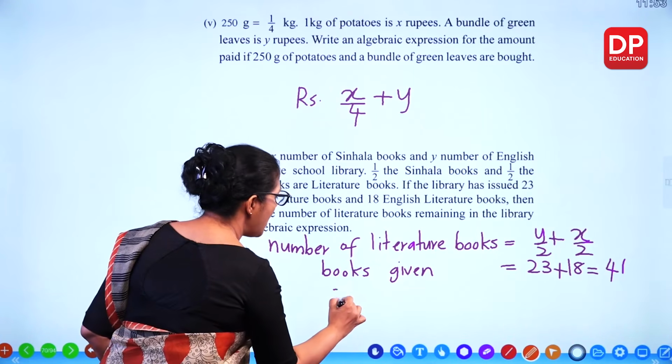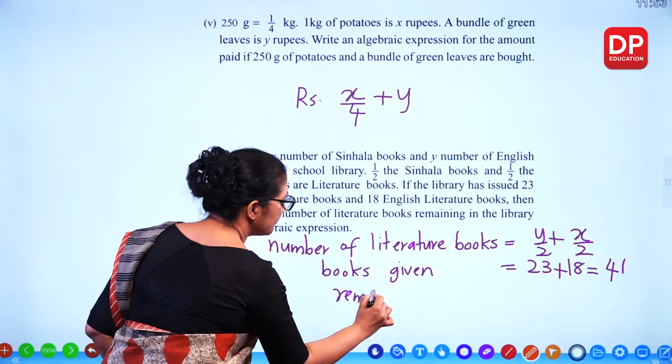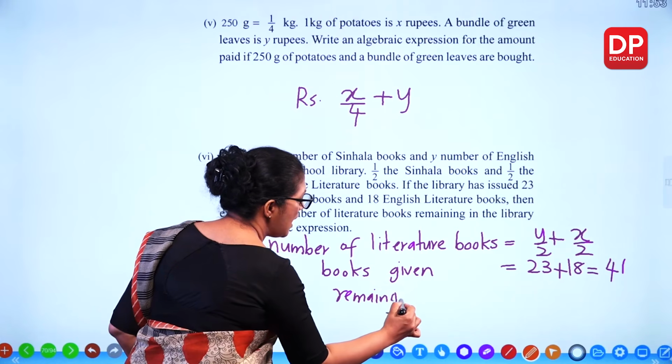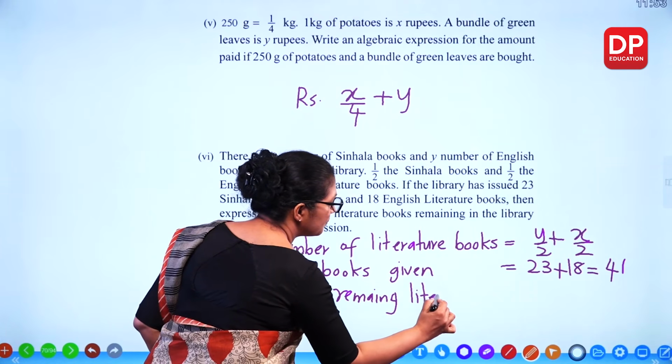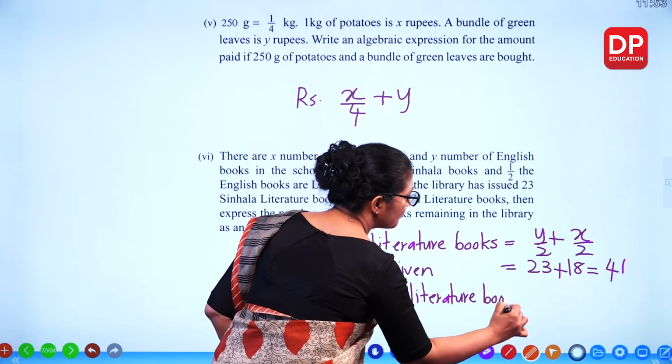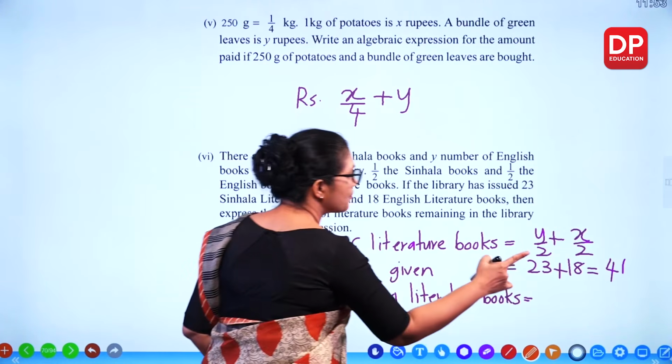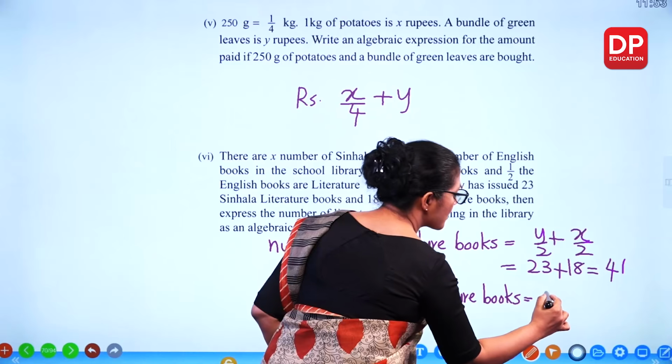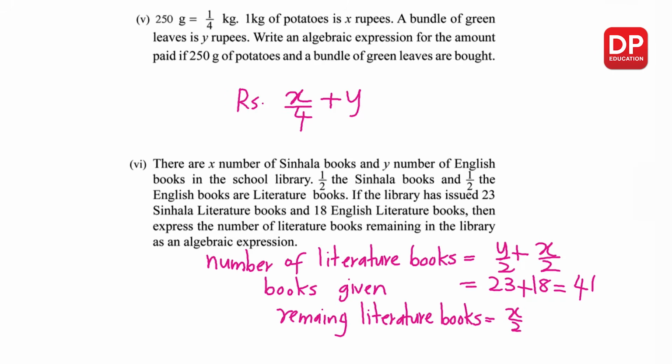So what's the remaining? Remaining literature books: you have to subtract 41 given from X over 2 plus Y over 2, the total number there were, and the remaining is the difference between those two.